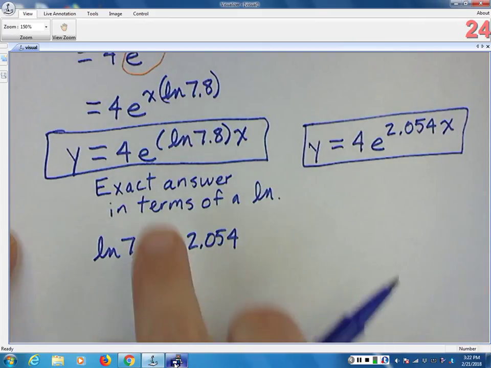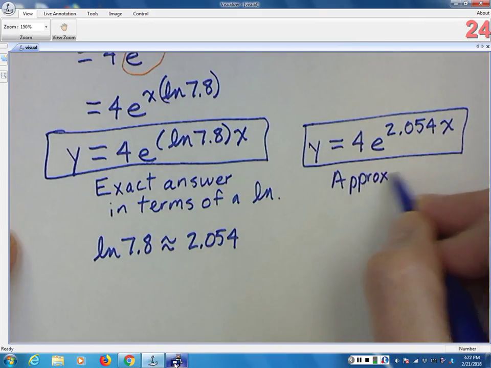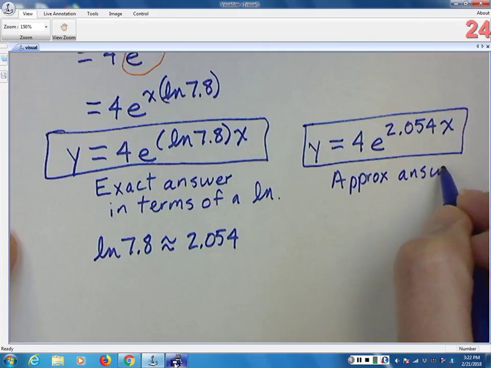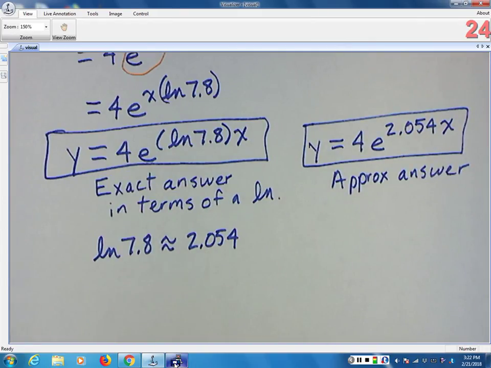This is the approximate answer. This is your exact answer, and they're both equations. You're not given an x, you're not going to come up with just a number. And so that's the end of 3.5.